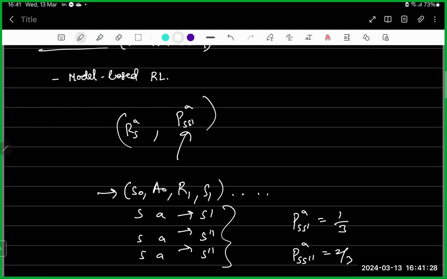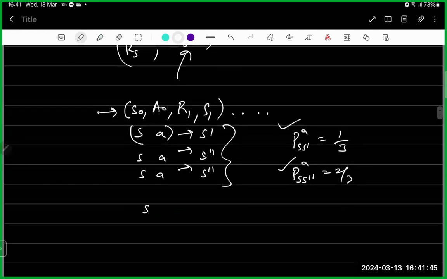So based on your observations, you keep updating your estimates of the model. Whenever you see this state S comma A, you just update these probabilities. Let's say after some time you come to this state again and see S double dash.